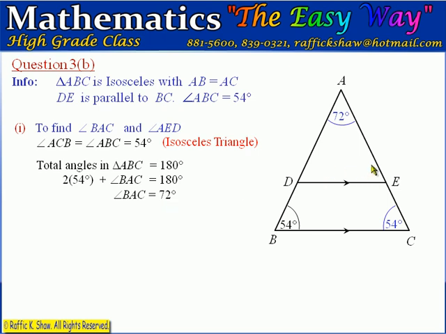Next, we want to find this angle, but recall that this line is parallel to this line, and since this line AC crosses these two parallel lines, it means that these angles are corresponding angles. They are equal, because when parallel lines are crossed by a third straight line, corresponding angles are formed, and so this angle and this angle correspond to each other, and so they are equal.